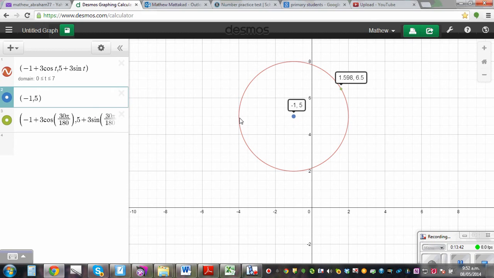Let me do one more. What will be the coordinate when it has moved, say, 75 degrees?